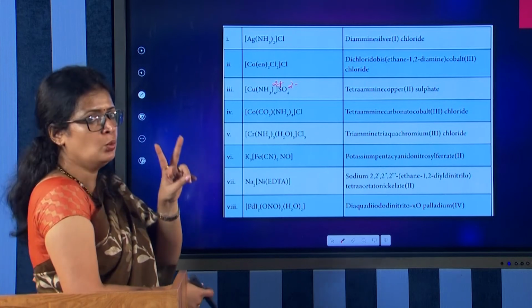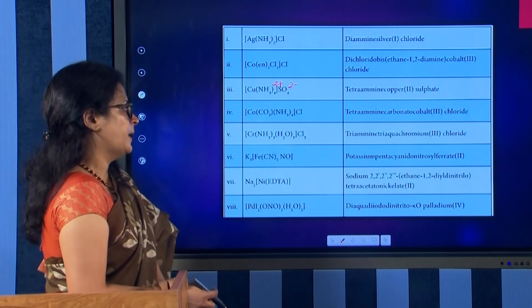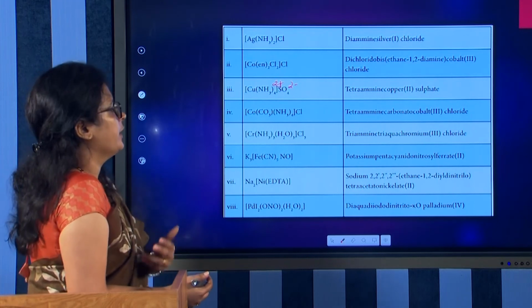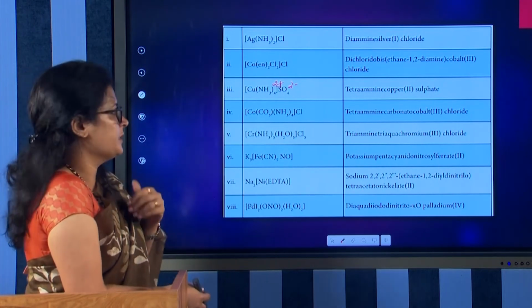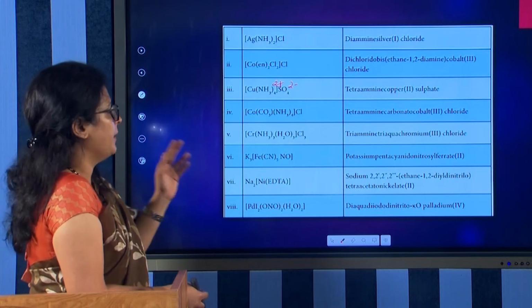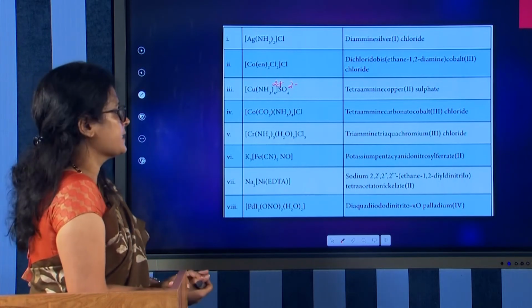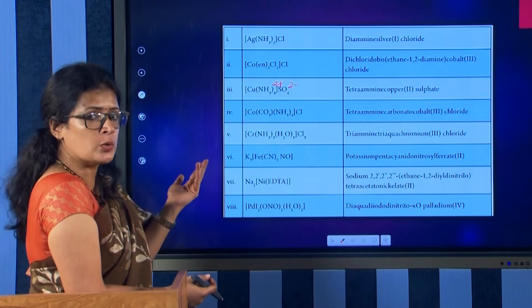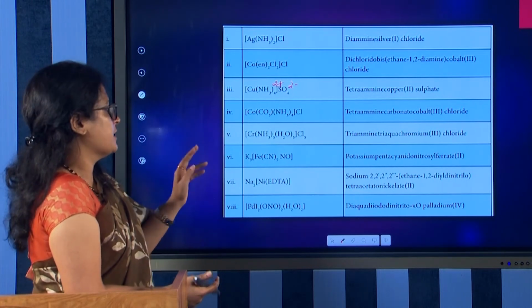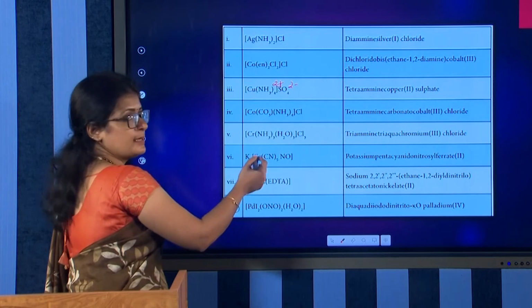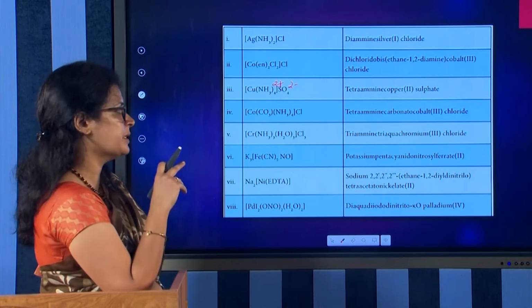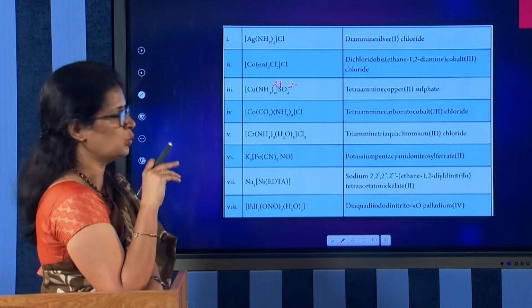In the anionic part, you have two ligands present, cyano ligand and nitrosyl ligand, and between cyano and nitrosyl we have to name cyano first. So, potassium pentacyano, 5 cyano ligands are there. So, potassium pentacyano nitrosyl ferrate, because iron is the central metal atom, followed by the oxidation state of central metal atom, which is +2, that is why 2.